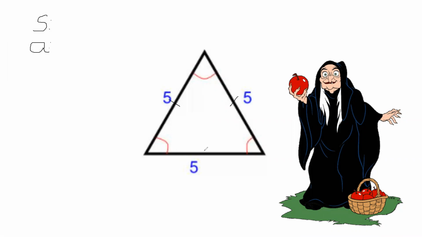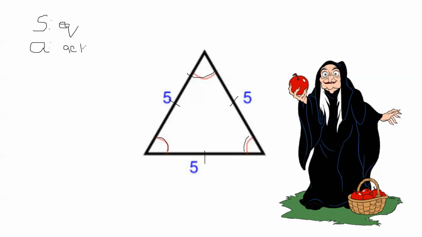It's telling us they're all 5. Well, if all 3 sides are 5, then it is an equilateral triangle. Now look at the angles. Every single one is smaller than 90 degrees. So we call that acute.